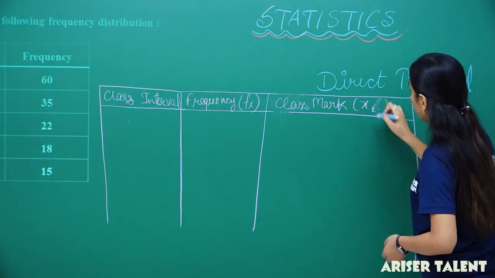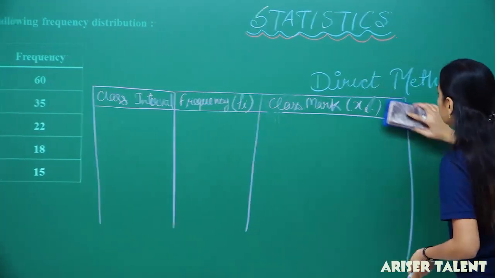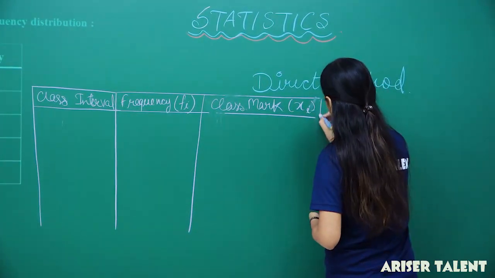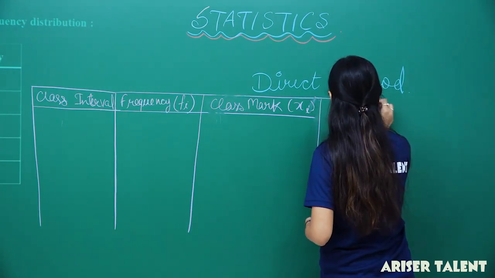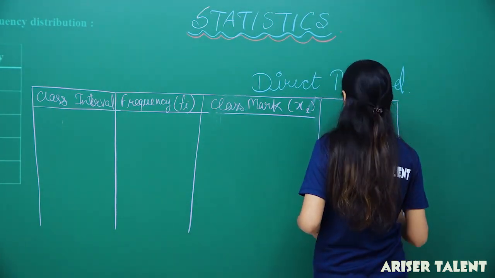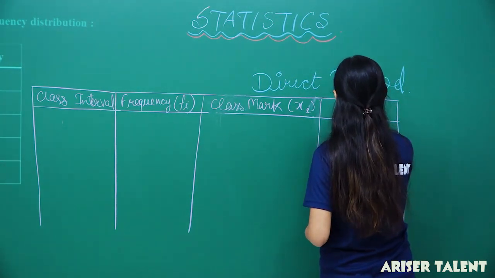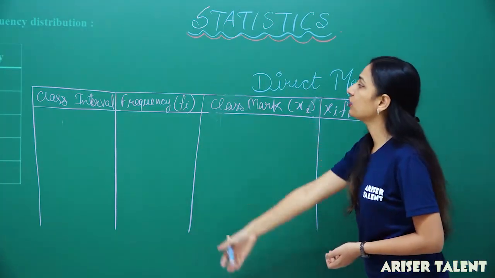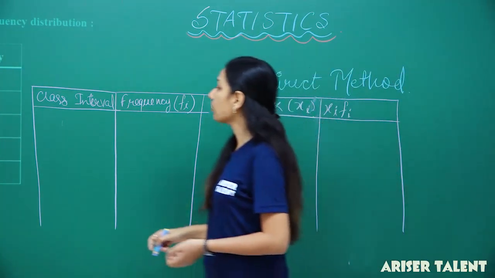Now if this is Xi, we'll have one more column, that will be FiXi, the multiplication of the frequency with the class mark column.